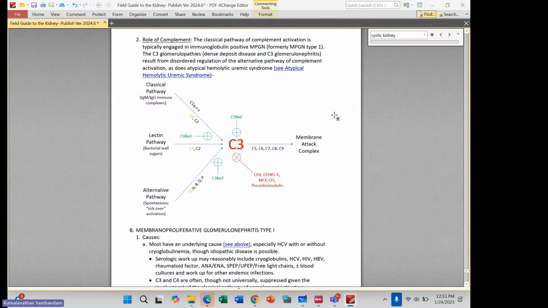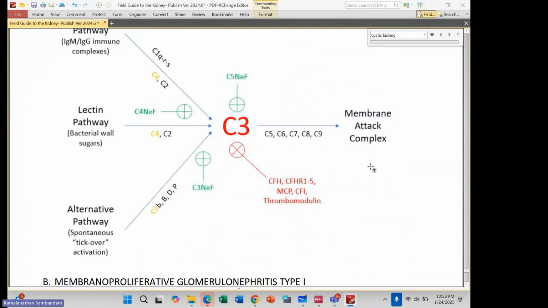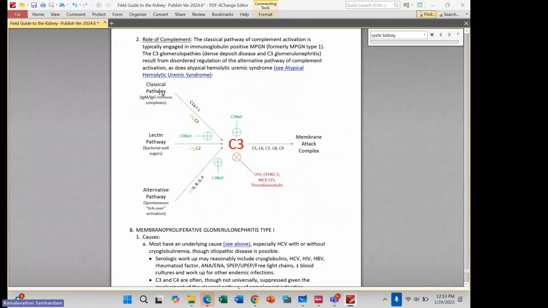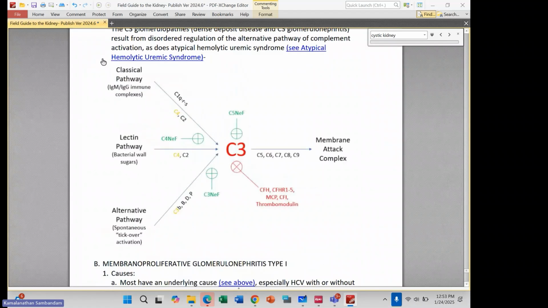Okay, this is a much simplified figure that summarizes the complement cascade. So you have a classical pathway of complement activation. And notice that that involves the binding of immunoglobulin G or M. Those are the ones that activate complement through the classical pathway.